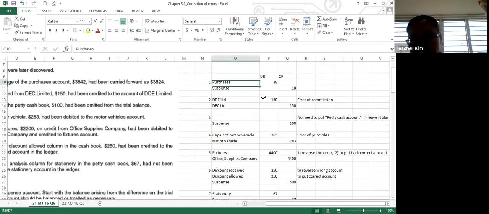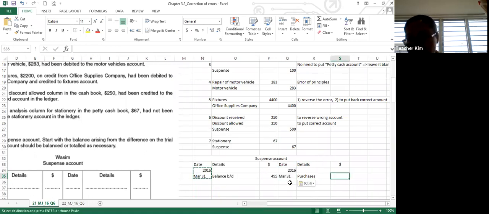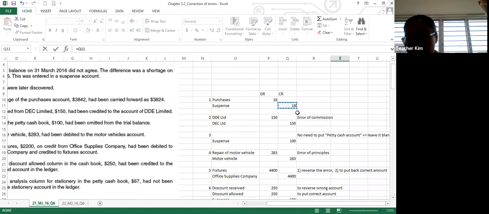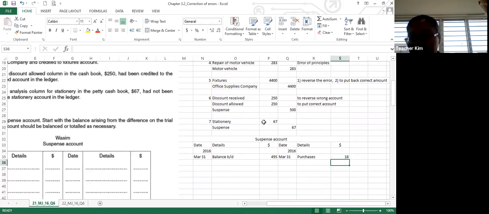The first one, purchases, and the amount is 18. And then number 3, this one is the petty cash, 100.